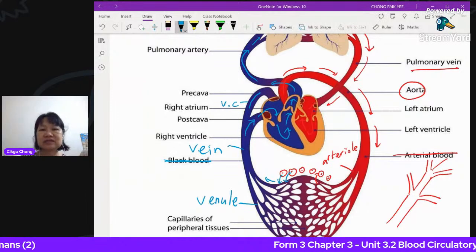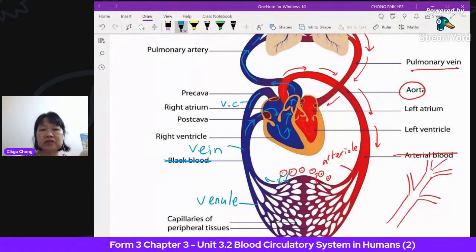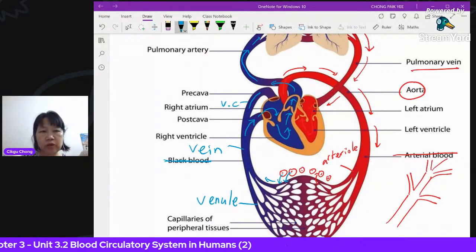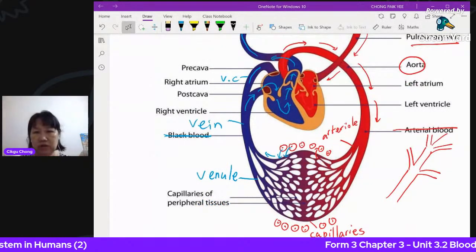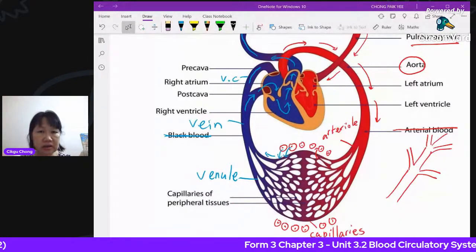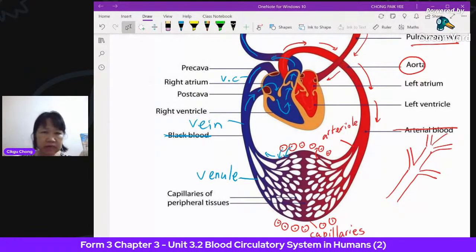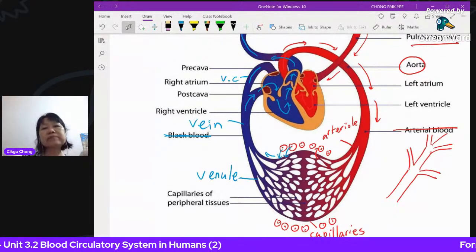So they actually join together, and you can see that the blood flow is always continuous. There is never a part where the blood stops flowing. From the aorta, from the artery, it comes out to the capillary. Then from the capillary, the oxygen comes out and carbon dioxide goes in, and it continues the flow back to the heart.